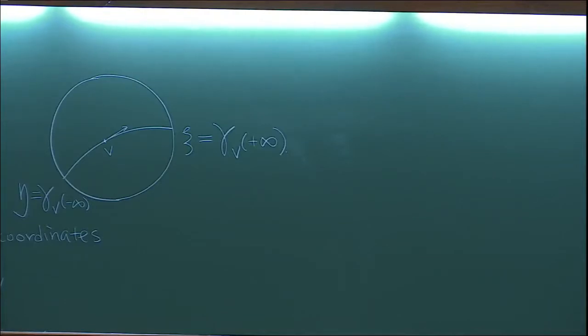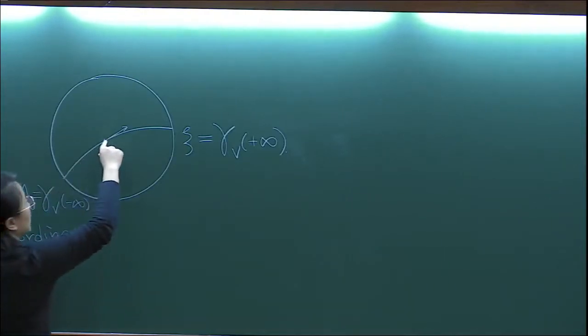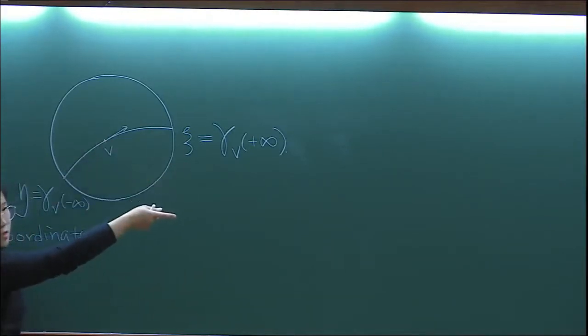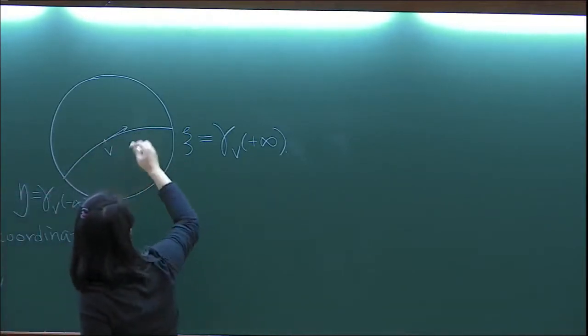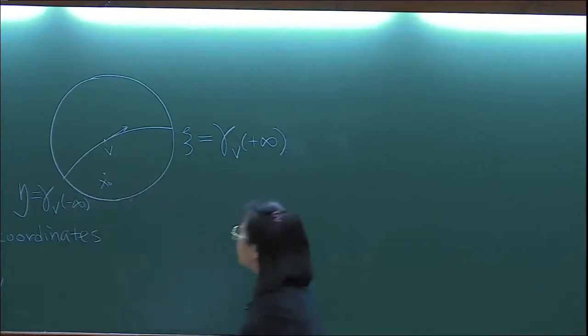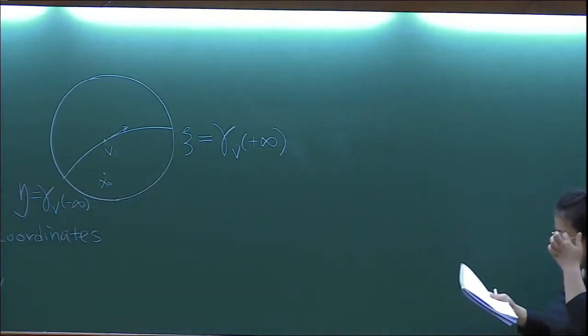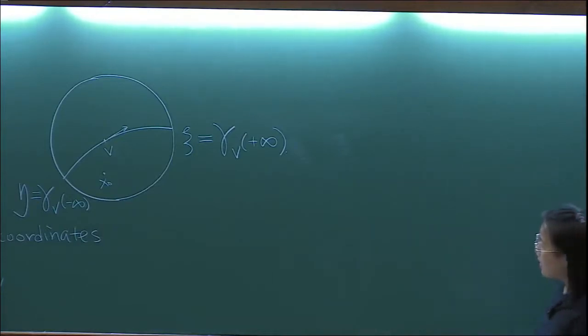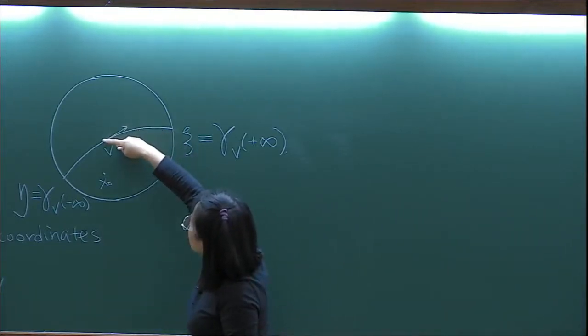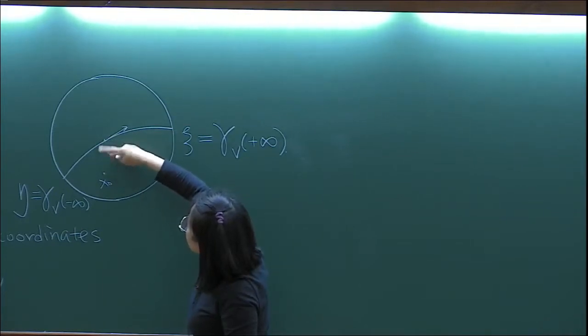Okay. But still, you need to know where this v, the base point of this v, is on this geodesic, right? So how do you find it? You only need a reference point x naught, and then you can measure it. Actually, it's the same as fixing a reference point.